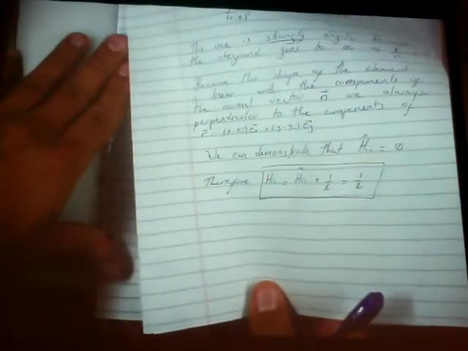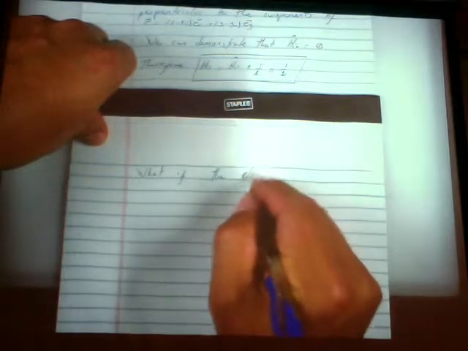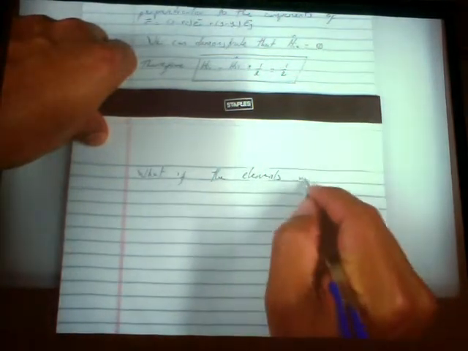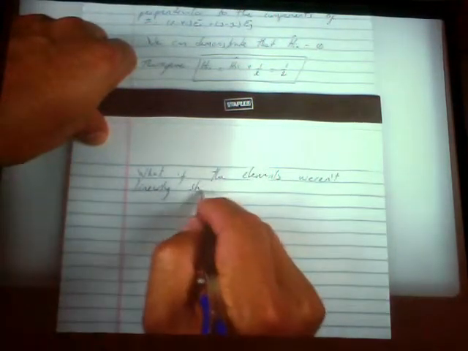Now, what if the elements weren't linearly shaped? Then HII hat is different than 0.